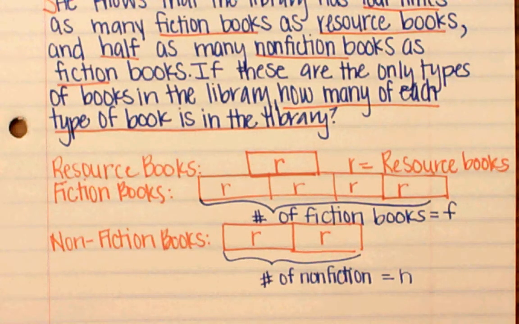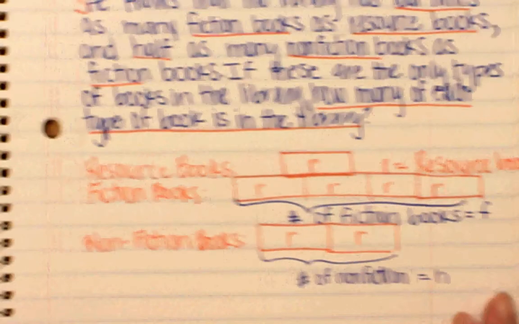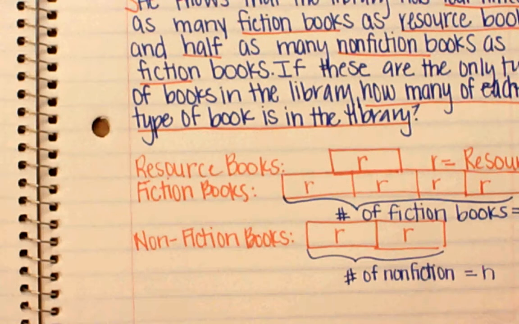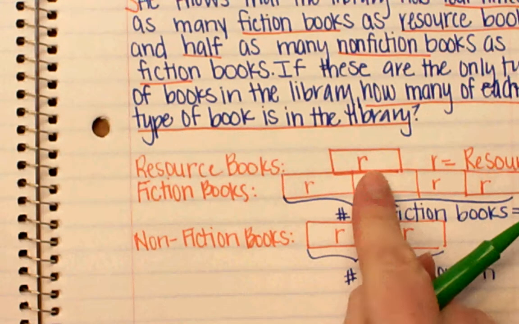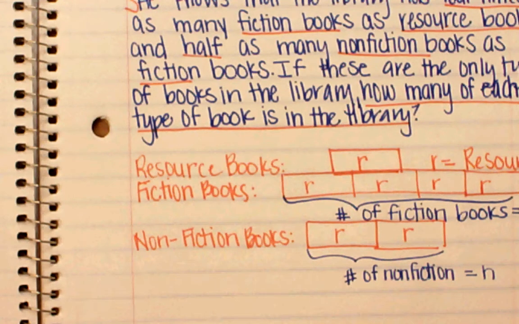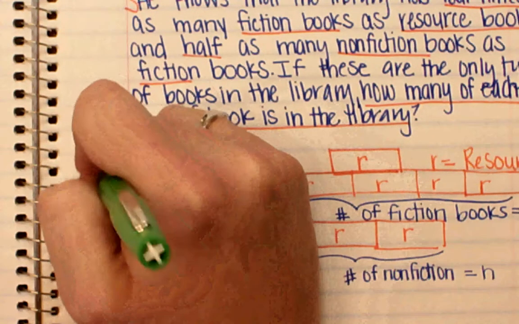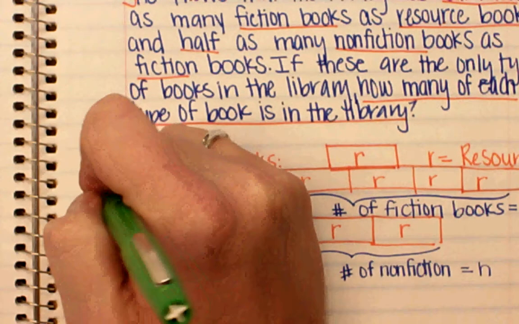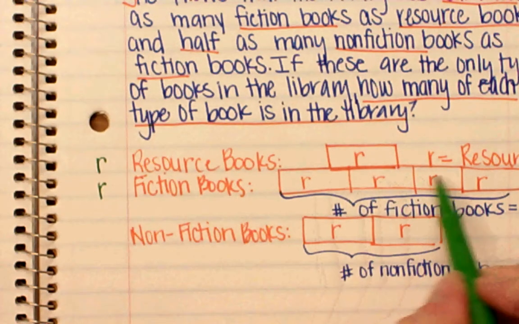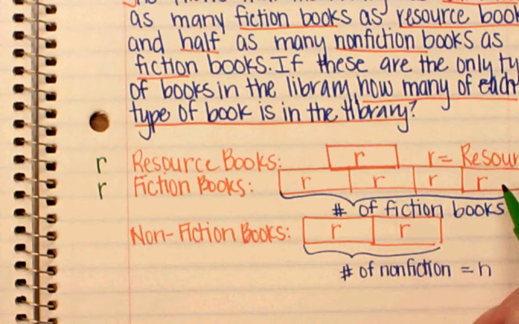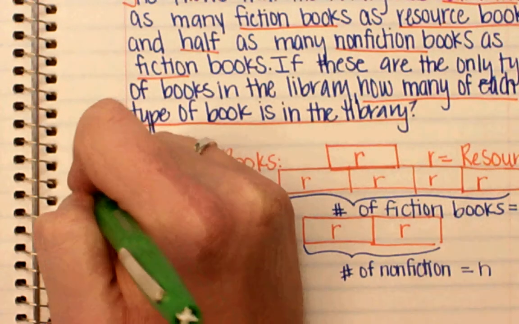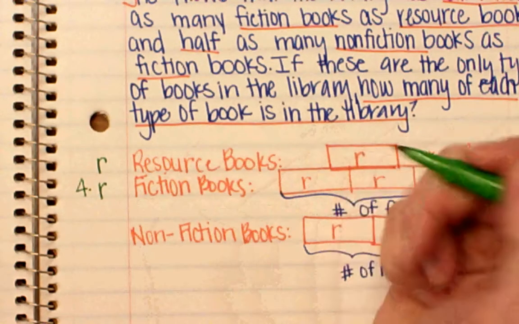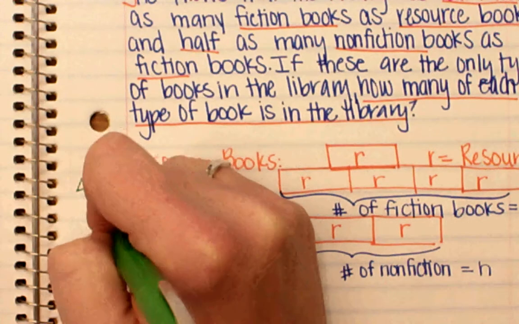Now I'm going to go off to the side and write a math problem to match each tape diagram. There isn't any math problem that happens in the resource books. It's just R, so I'm just going to write R here. Here I have 4 boxes with R in each, so it's actually 4 times R, or 4R.